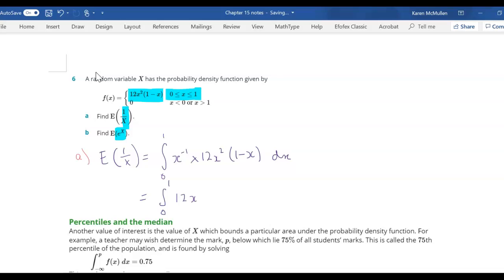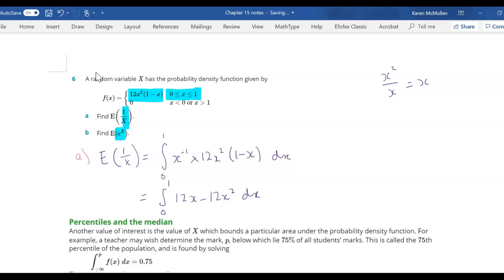Again, just knowing your index laws: x to the negative 1, and when the base is the same, times x to the power of 2, you add your powers. So negative 1 plus 2, think of it like this, x squared over x gives you x to the power of 1. Hopefully you don't get confused by your powers because you should know them. So we've got 12x. Let's just expand this bracket as well. 12x times 1 is 12x, and 12x times negative x is minus 12x squared.